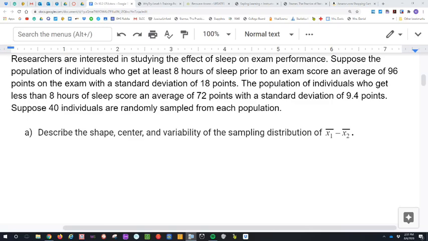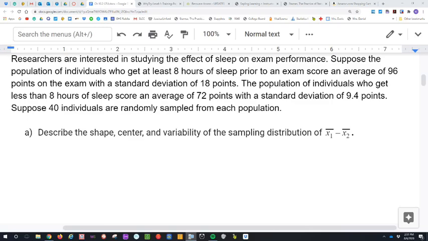Wow, 96 points. So that's one population. Another population of individuals who get less than 8 hours of sleep score an average of 72 points with a standard deviation of 9.4. Suppose 40 individuals are randomly sampled from each population.